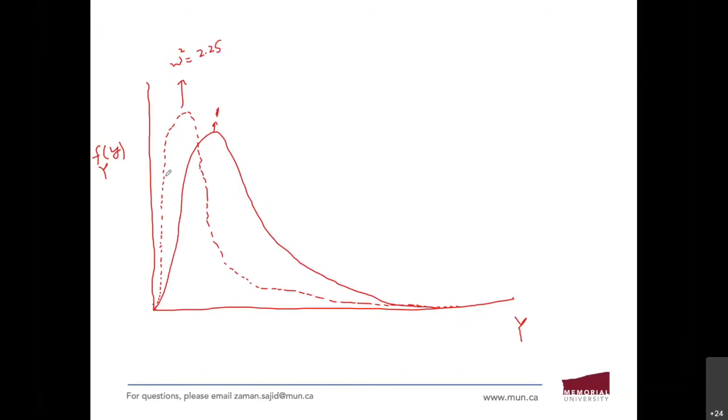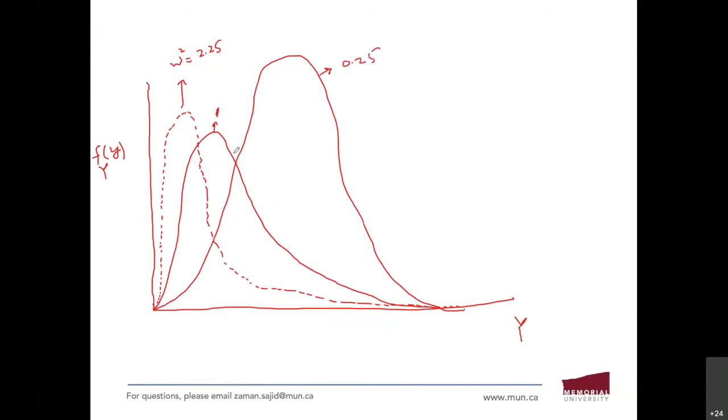Now, in case you have a value lower than 1, the shape will be something like this. And this line is drawn at the value of 0.25.